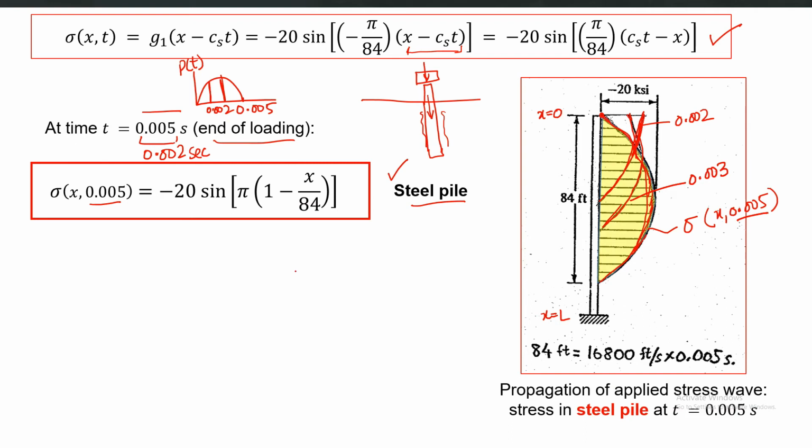For example, let's plot the same function at 0.007 maybe. It will be like this. And for 0.009 it will be like this. It will travel towards the downward side.